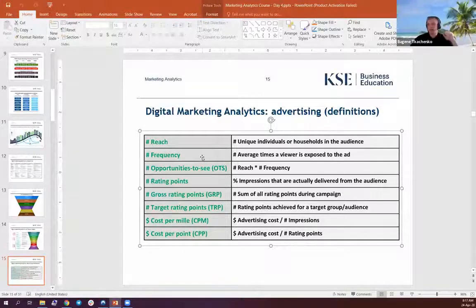Then frequency, which is usually again on both sides. You may set up your ad frequency at 4 ads per person per day, or you have no control over the frequency whatsoever, and it's up to your lead or prospect how much exposure he or she will have to your ad.